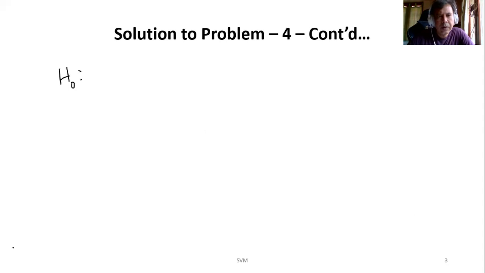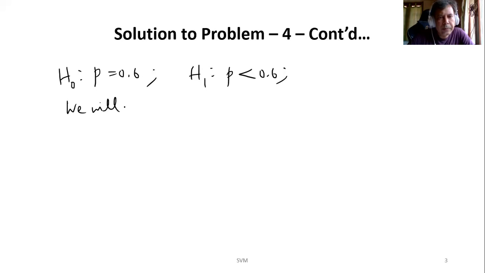So P equal to 0.6 is our null hypothesis. Alternative: P less than 0.6. So we will use Z test since it is related to proportion, having a larger sample.